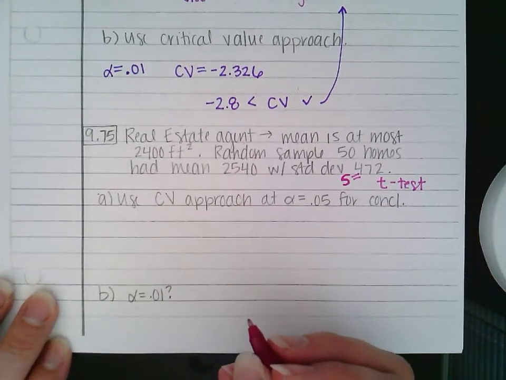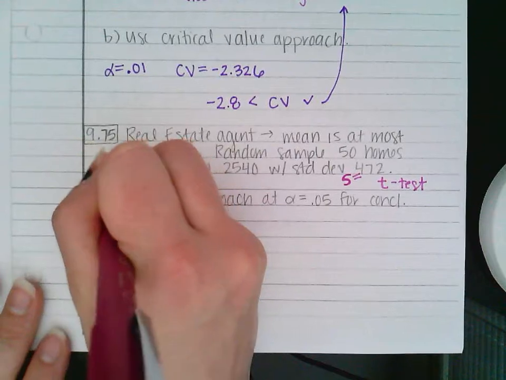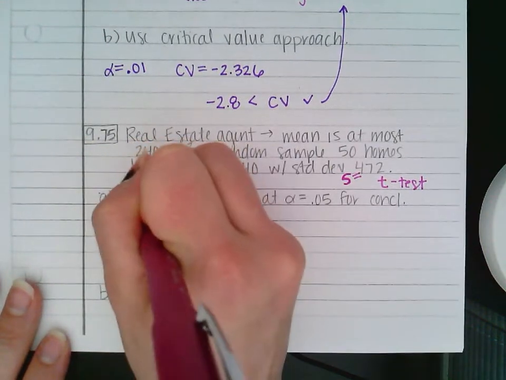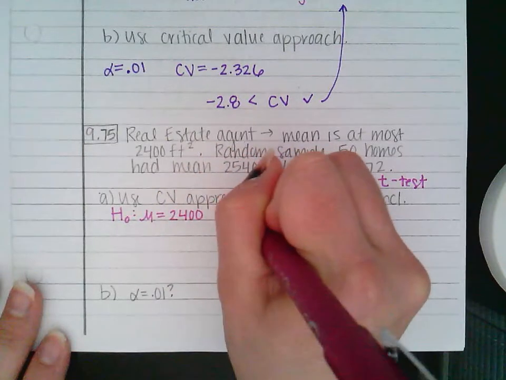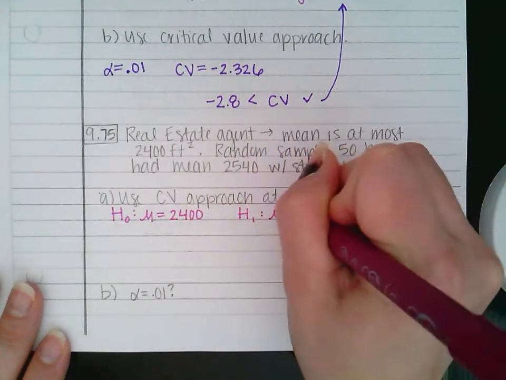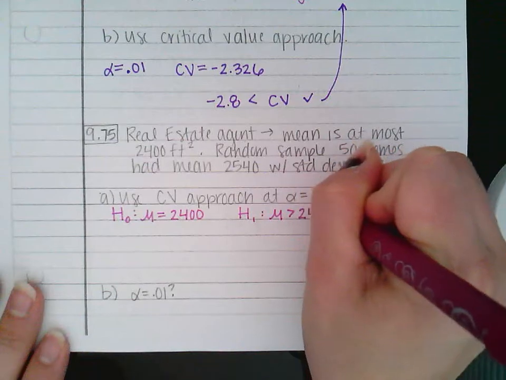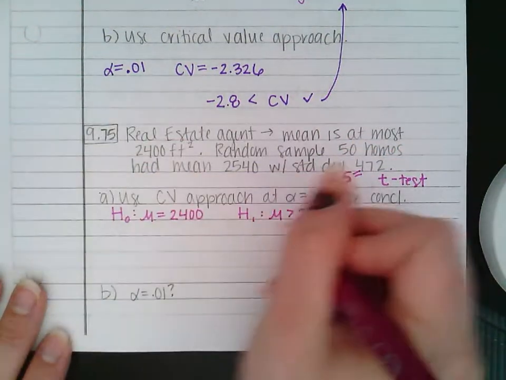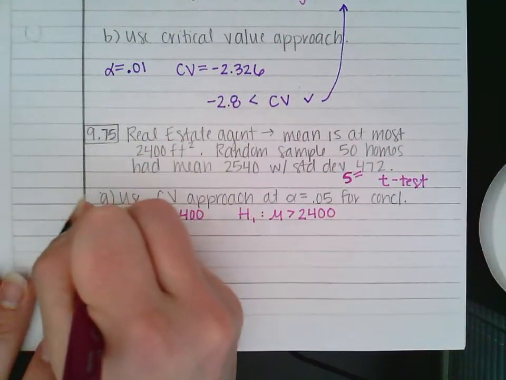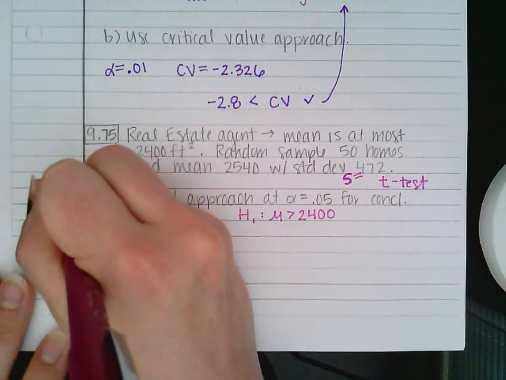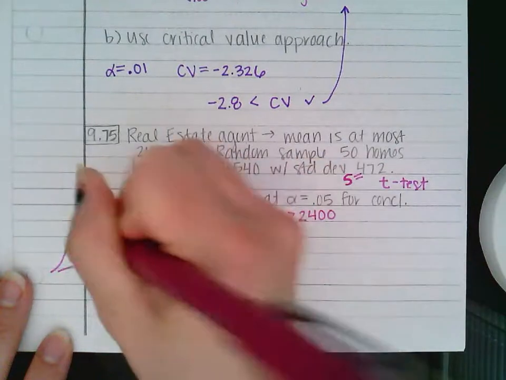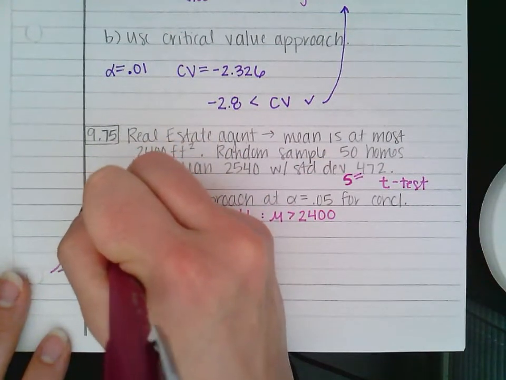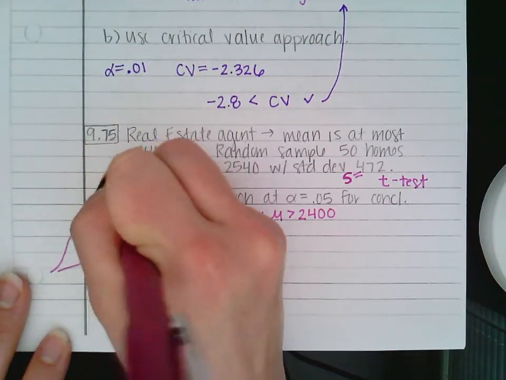All right, well, let's write our hypotheses first. Our center of our distribution is this claim of 2,400, and what I'm trying to prove with my sample is that it's actually bigger than what the real estate agent seems to think. And so if I'm using 0.05, here's my H0, I'm doing a right-tailed test where this is all 0.05 over here.